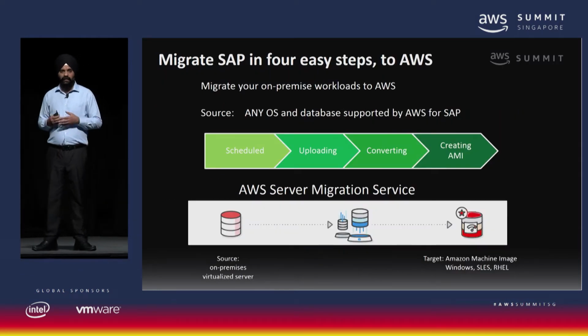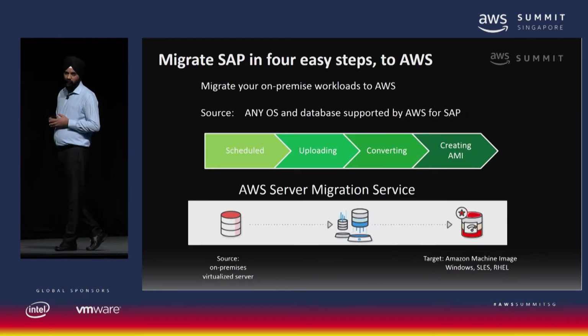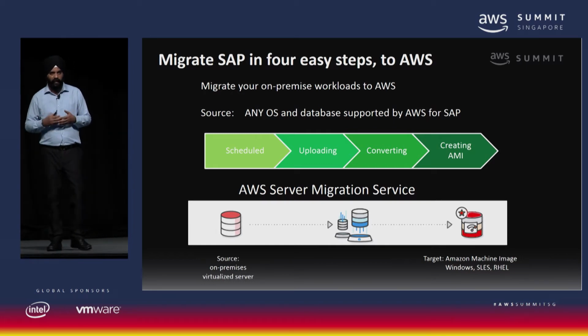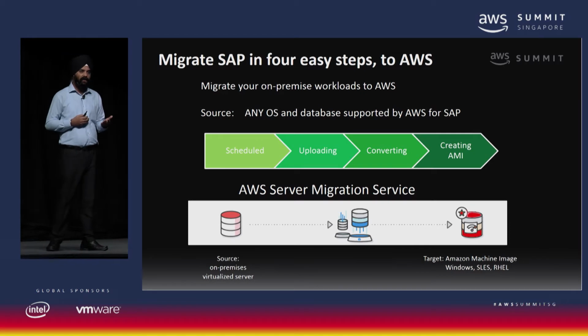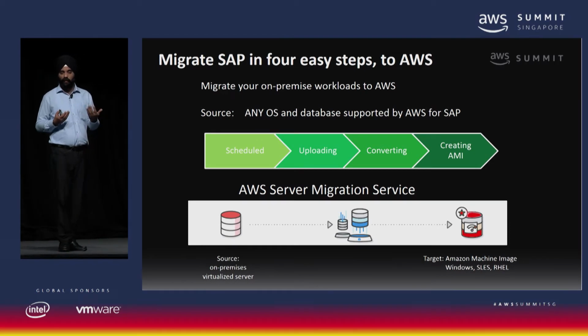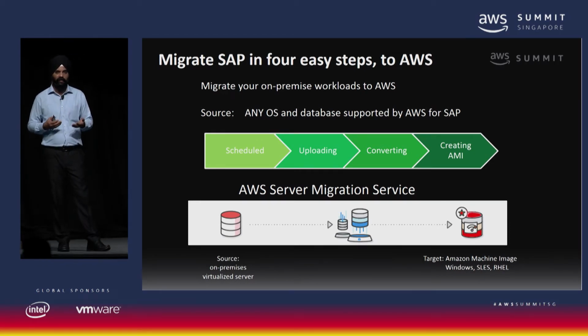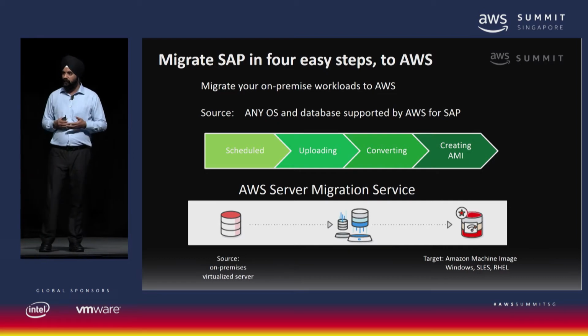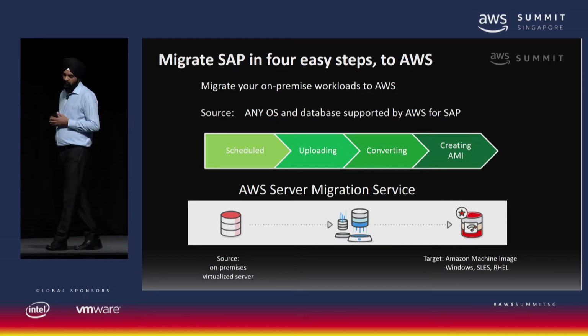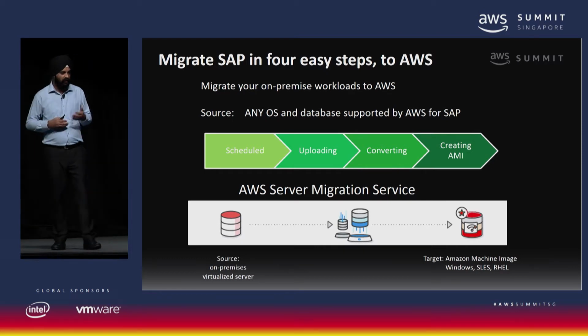Now on the migration side, as you know, for SAP migration, there are mainly two scenarios: homogeneous migration or heterogeneous migration. So if you are currently running in a virtualized on-premise environment like VMware vSphere or Microsoft Hyper-V, you can use AWS Server Migration Service to migrate your servers and SAP applications to AWS incrementally.